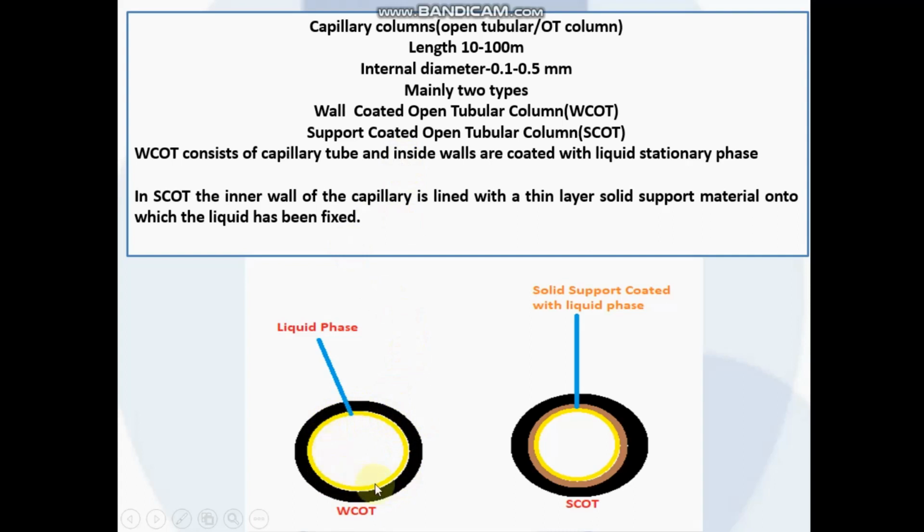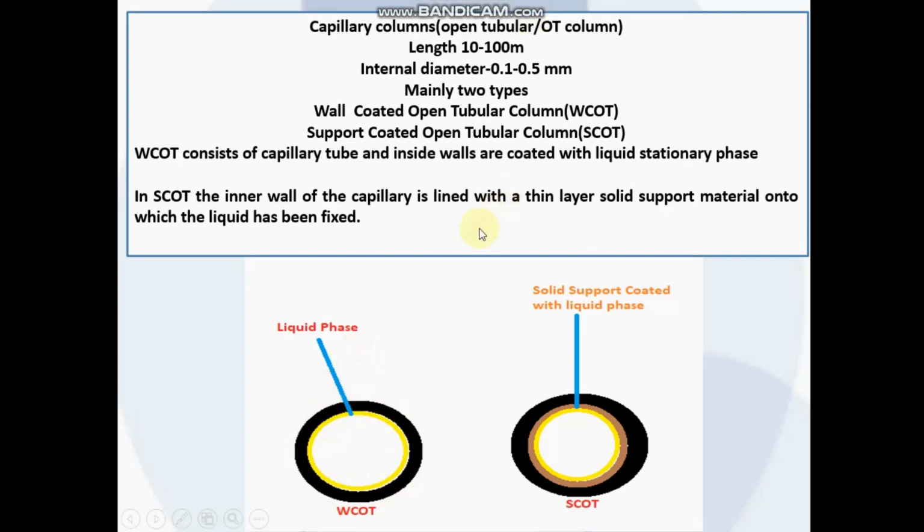Here in the picture, this black ring shows the outer surface of the capillary tube, and the inside walls are coated with a thin film of liquid that acts as a stationary phase. So this is the WCOT or wall coated open tubular column.